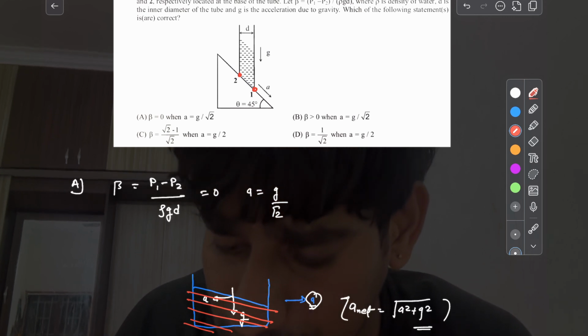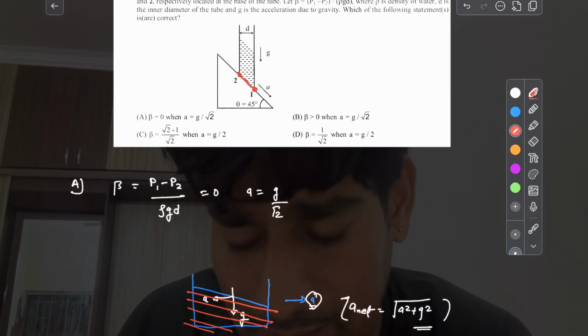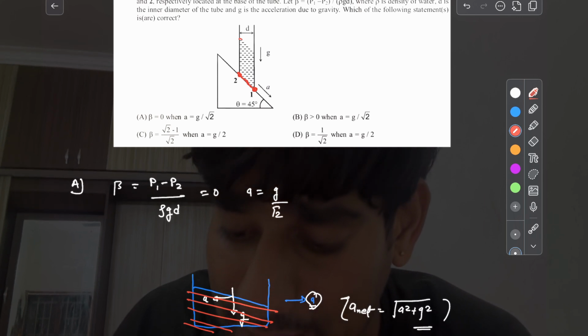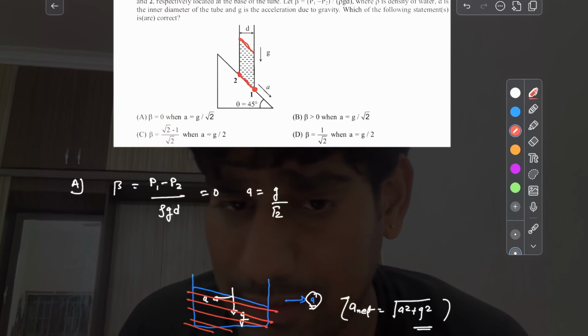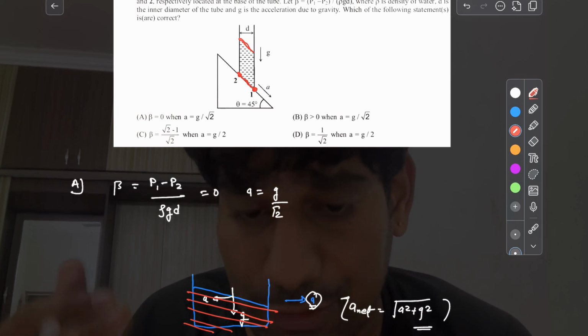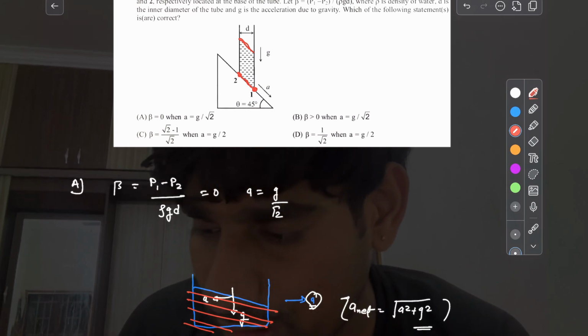It means the line passing through these 2 points must be an equipressure line, right? It means that the surface of this liquid must be like this, parallel to the inclined plane. So can I say that the net acceleration of the fluid particles, which we will use for the calculation of the pressure, must be perpendicular to this? All right, that is how we are going to reach this answer.